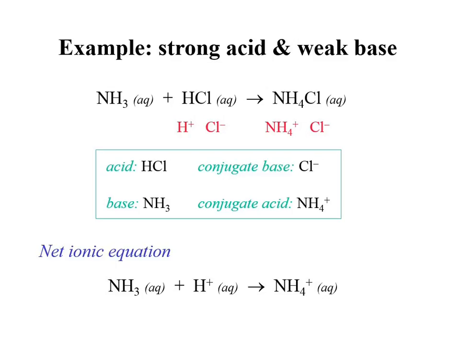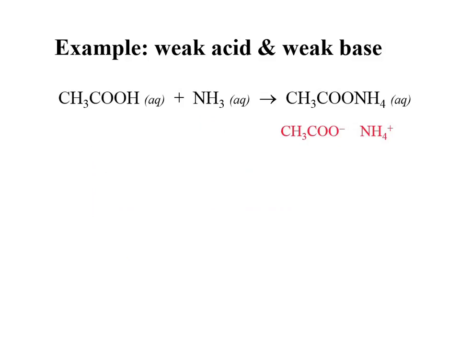The last one would be both weak. Weak acid, weak base. So if we just use the examples we looked at before. By the way, I think I mentioned this the other day. A lot of the time, this is your acetic acid. Acetic acid, and this over here, I think we learned it in Gen Chem 1, this is your acetate ion. Anyway, acetic acid is a weak acid.